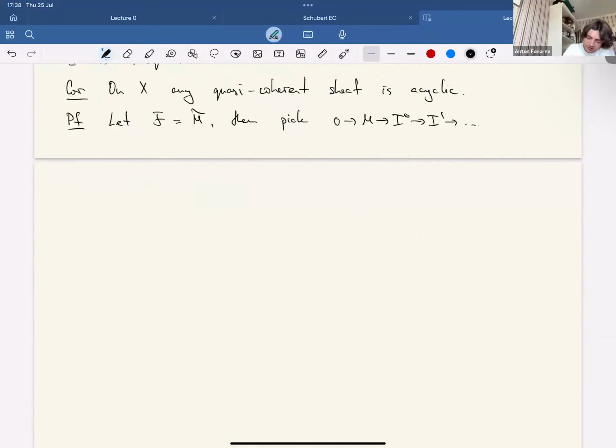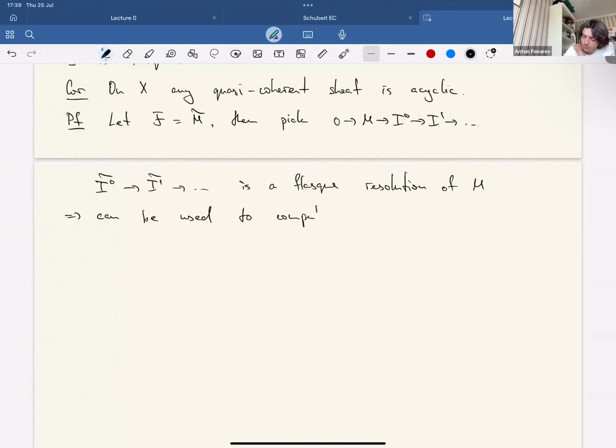So in particular, the sequence I0 tilde, I1 tilde, etc. is a flasque resolution of M, which implies that it can be used to compute the cohomology H^i on X of M, which now should be the ith cohomology of the complex of global sections on X of I tilde.